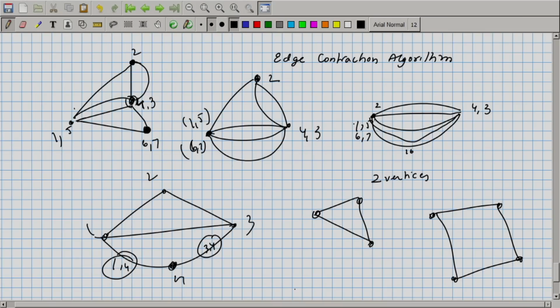But if it is a reasonable probability, let us say something like 1 by a polynomial, then we can repeat this algorithm multiple times and hope that, if the repetitions are independent, the repetitions will bring down the error probability to whatever quantity we want, and that is what really happens. So, now what remains is, we need to analyze this algorithm and show that it has a significant probability of success.